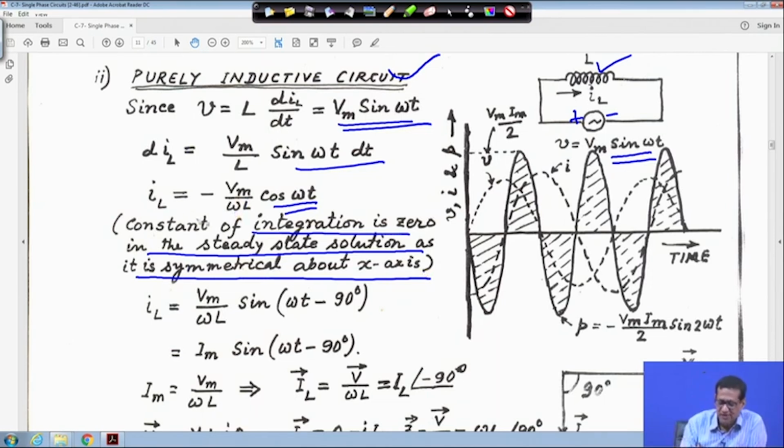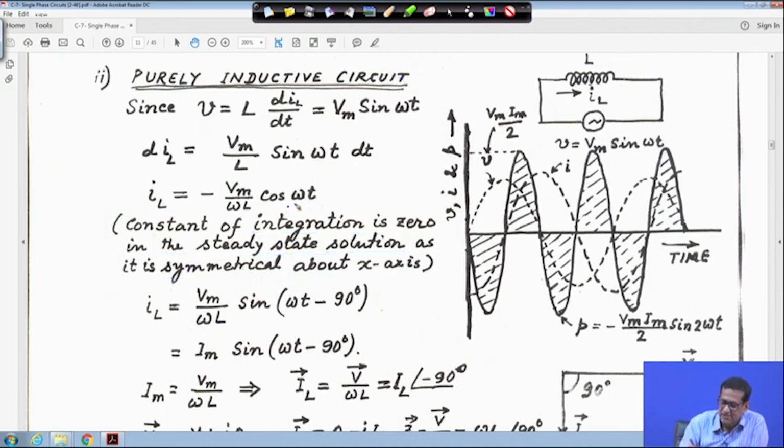So, this IL is equal to minus Vm upon omega L cos omega t, and you can write it as Vm upon omega L sin omega t minus 90 degree. How are we writing it? Let me clear it. This cos omega t, you can write as minus Vm by omega L, and cos omega t is sin 90 degree minus omega t; the minus goes inside the sin term, so it will be omega t minus 90 degree.